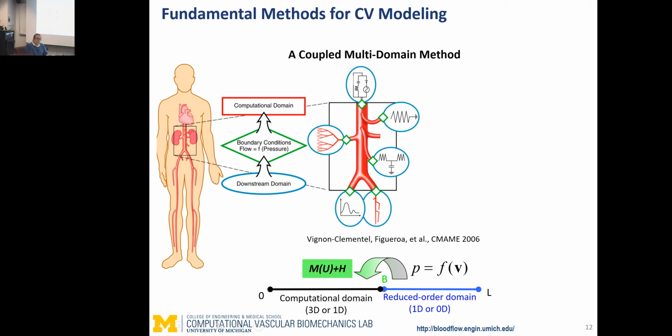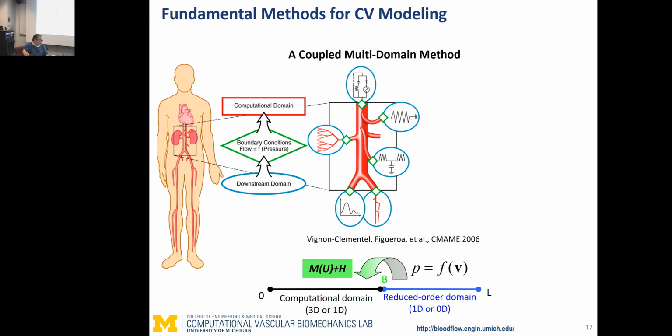If you thought about this problem from a traditional fluid mechanics perspective, like a fluid mechanician from the 1960s, you'd say, okay, I'm solving for velocity and pressure, where's my flow and pressure boundary condition information? Well, forget it. There's no way that if you have a vessel tree with even only 10 branches, you're going to have 10 measurements in the clinic.